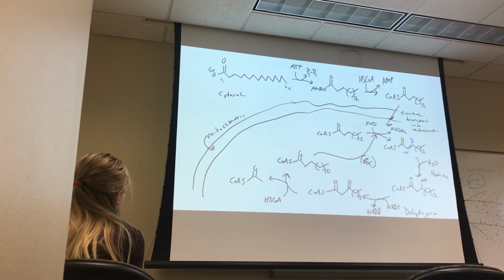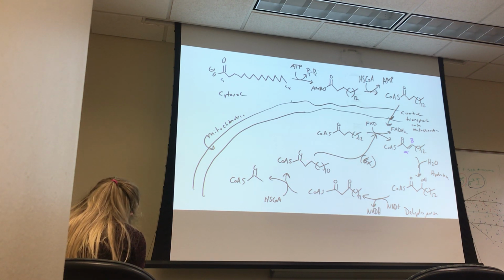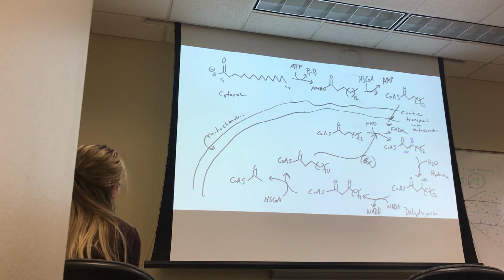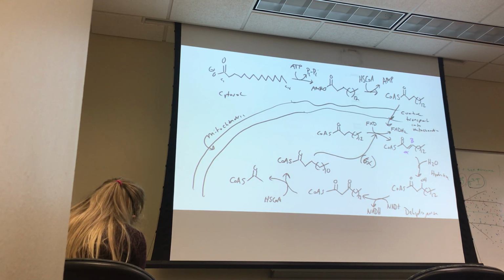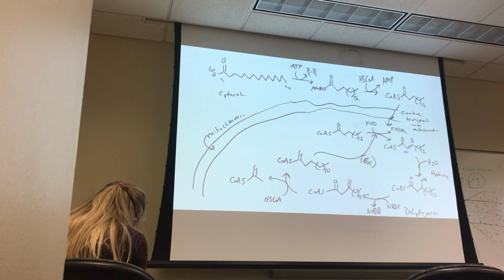There's 14 carbons here, and divide it by 2, minus 1. That's how you know how many more cycles, because on the last step, you cut them into 2 acetyl-CoA, and there's no more.